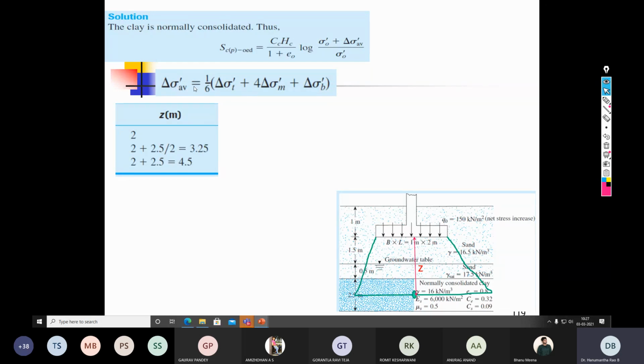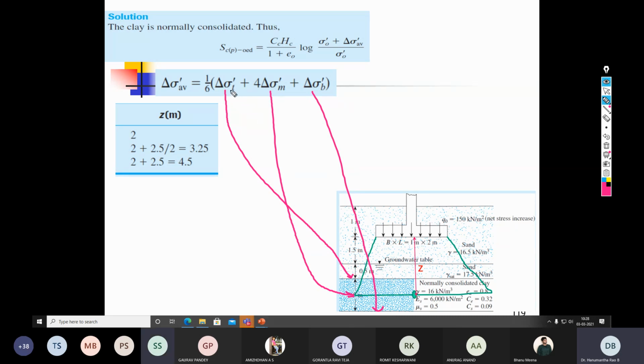Delta sigma average is 1 upon 6 multiplied by delta sigma at the top of the layer plus 4 times delta sigma at the middle plus delta sigma at the bottom. You calculate delta sigma at the top, middle, and bottom, and use this equation to calculate the delta sigma average.